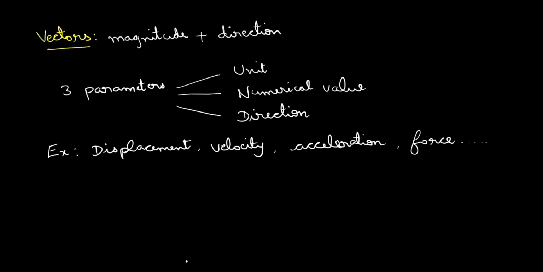Adding more to this, the numerical value of a vector quantity will always be positive. A number will always be positive, but vectors depend on the direction. So there will be a positive vector and a negative vector.